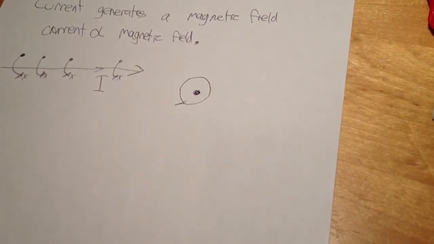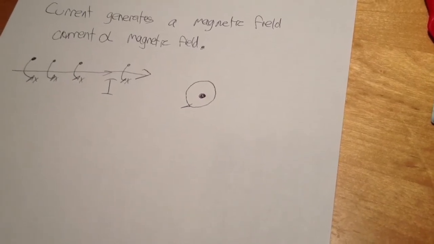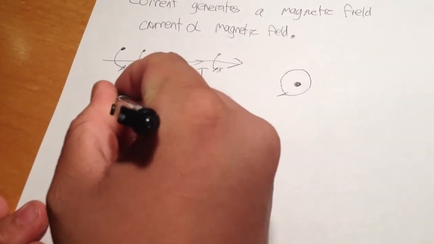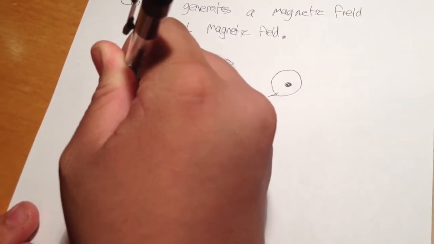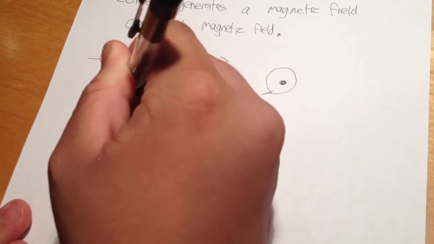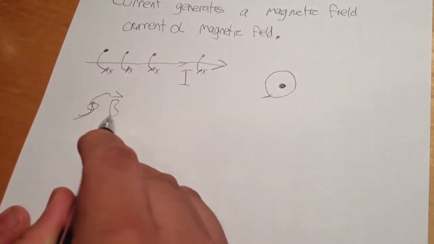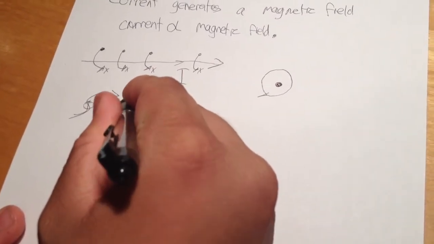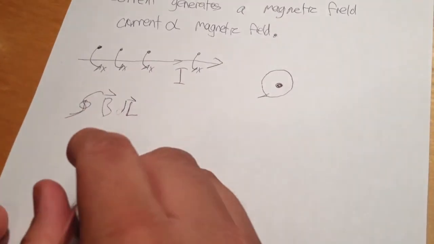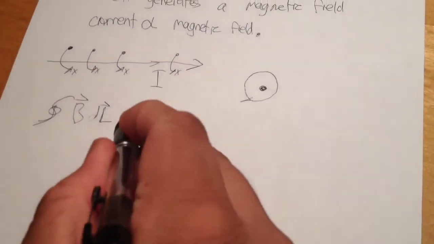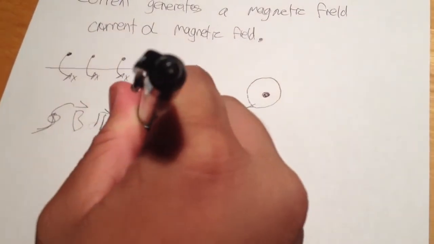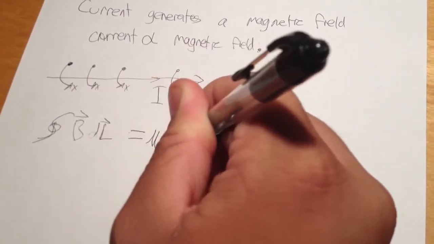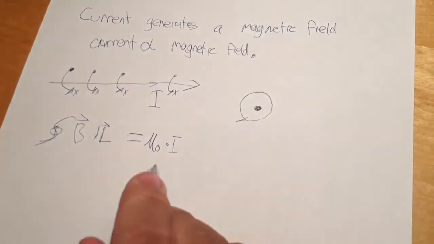So now let's try to figure out what the equation is. Well, I already know that the equation, based on what Ampere said, is the integral of B, where B stands for the magnitude of the magnetic field, times dl, and I know this is equal to, sorry, my pen's running out, mu naught times I. Like I said, I is current.